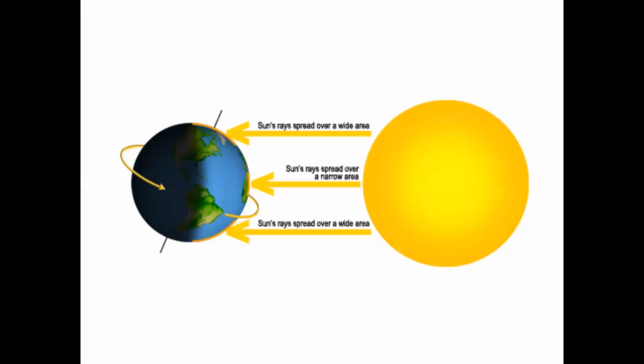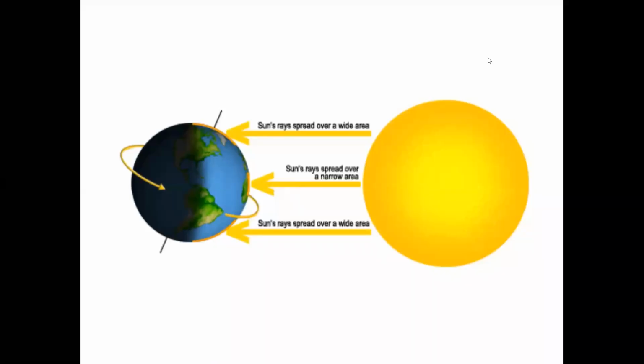Then the sunlight has to travel farther for areas right north and then south. Again, that's showing us how we get those different hours of daylight.